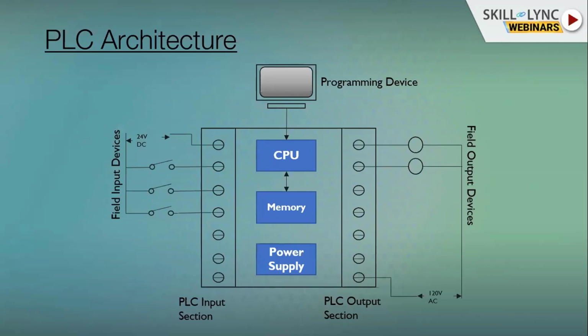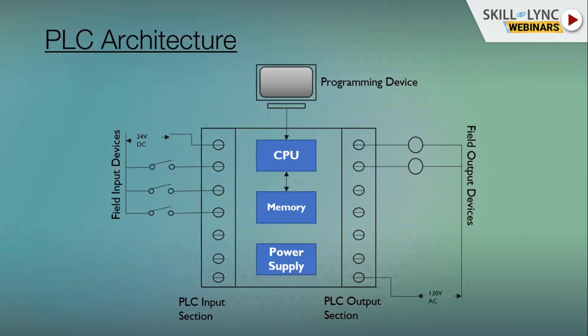Here is an overview of PLC architecture. You can see on the left side, field input devices. Those can be of 24 volt DC or 230 volt AC. They send such signals, AC or DC, considering their source, to the PLC input section. It will convert those AC or DC signals.